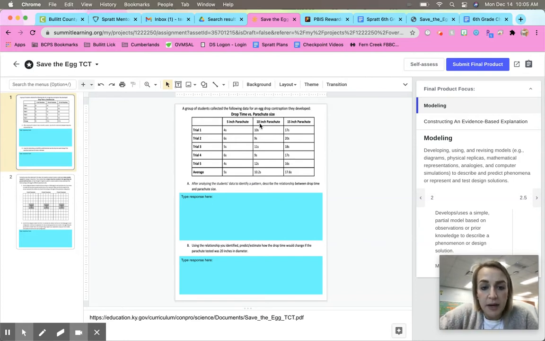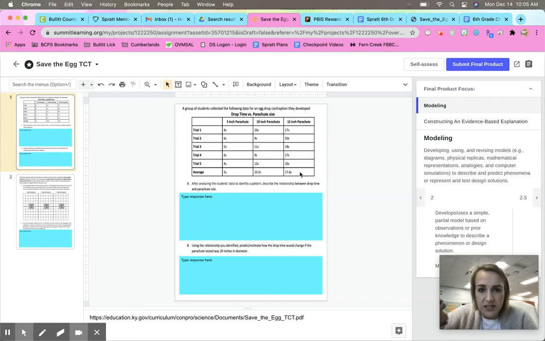At the 10-inch parachute, we've got 10 seconds, 9 seconds, 11 seconds, 9 seconds, 12 seconds, which averaged a 10.2 second drop time. On the 15-inch parachute, we've got 17 seconds, 20 seconds, 18 seconds, 17 seconds, 16 seconds for an average of 17.6 seconds for the egg to drop to the ground.